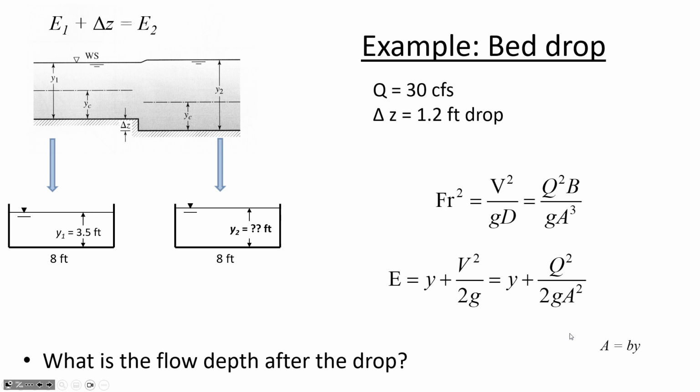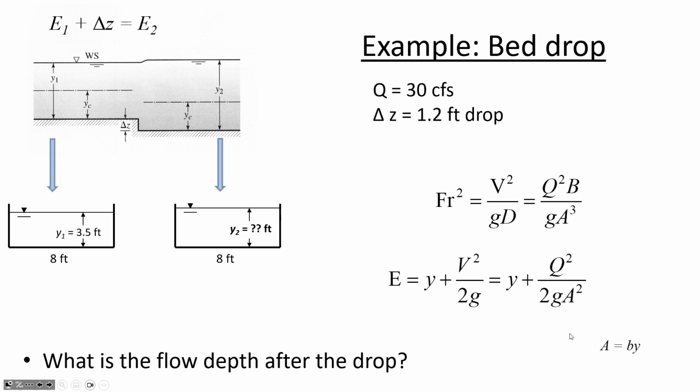Okay, so Y1 plus Q squared divided by 2GA squared at location 1 plus delta Z is equal to Y2 plus Q squared divided by 2GA2 squared.